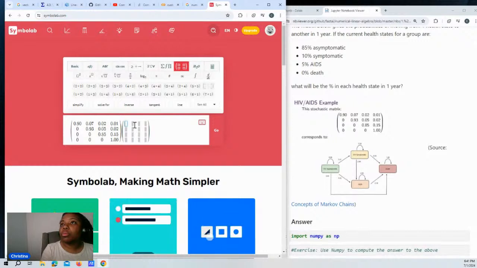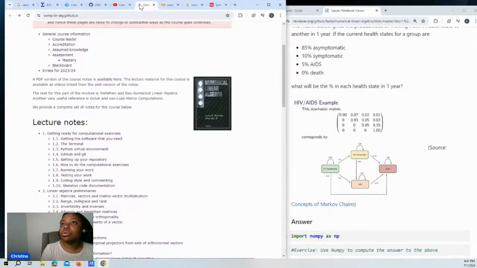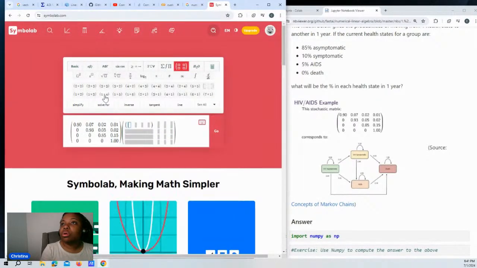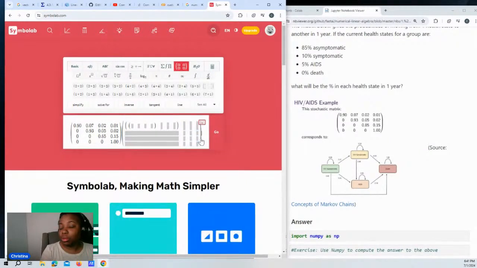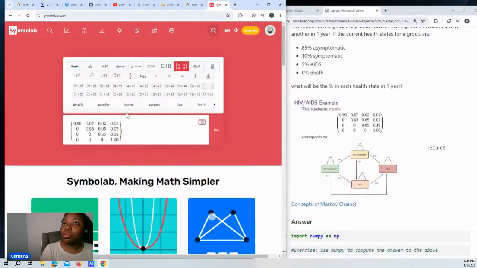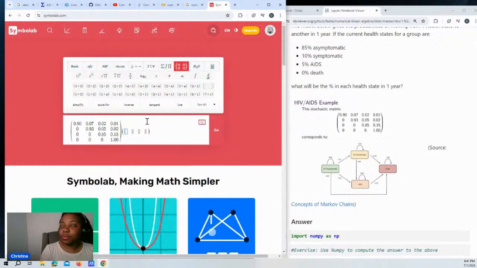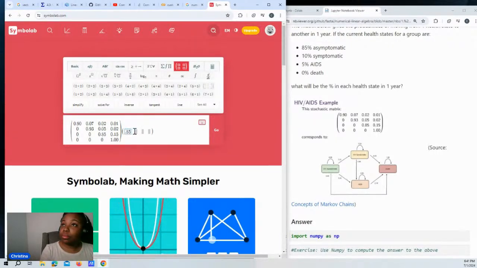No, that is not right. What is that size? 1 by 4. Okay. That is going to be 5.